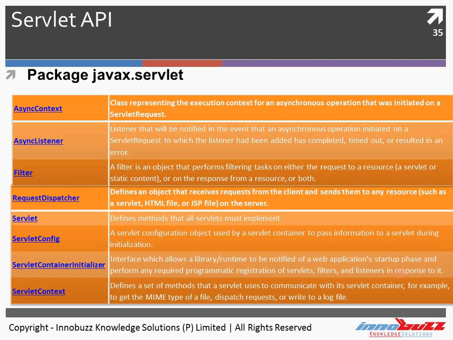There is Servlet, defining the methods that all servlets must implement. With ServletConfig, we get servlet configuration information used by the servlet container, which is nothing but running in a web server. So the web container or servlet container needs the information from the servlet configuration, and it passes the information to the servlet during initialization. ServletContainerInitializer is an interface which allows a library or runtime to be notified of the web application startup phase.